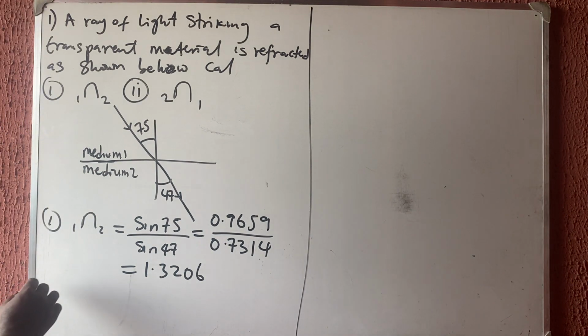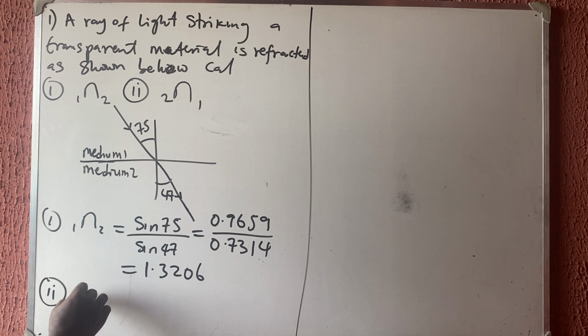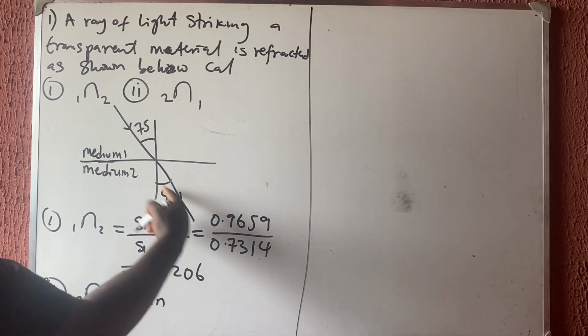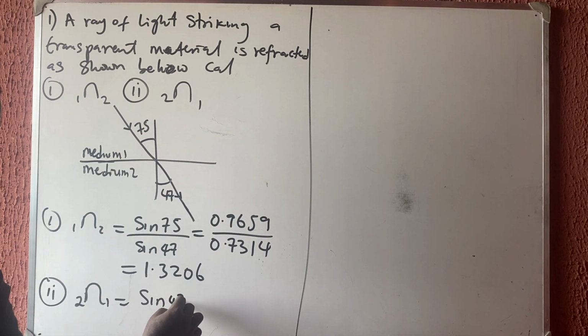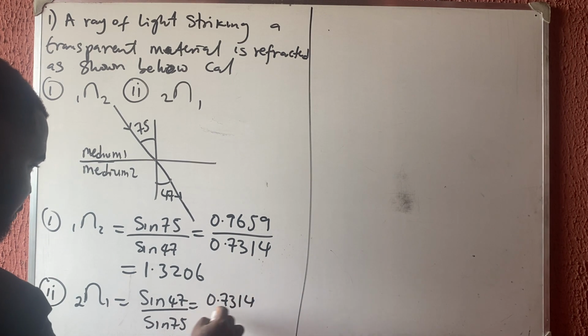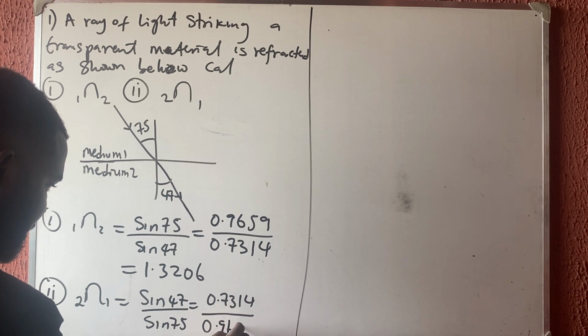Okay, now look at this. For us to get (ii), the refractive index now, when it is coming from 2 to 1, means the sine of it is now coming from 2. So the sine of 47 divided by the sine of 75, which is 0.7314 over 0.9659.